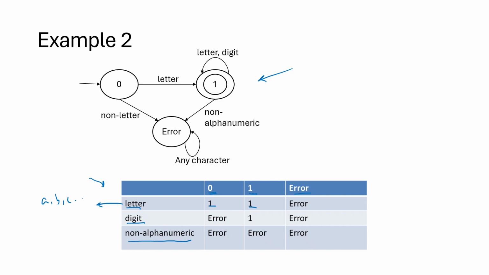And if you are at the error state and you read a letter, you stay at the error state. And similarly for the other 2 types of input, digits, so from 0 to 9, and non-alphanumerical, so exclamation point, comma, any other character that you can imagine, question mark, and so on. So this is the transition table, and this is the transition diagram for the finite state recognizer, for example 2.